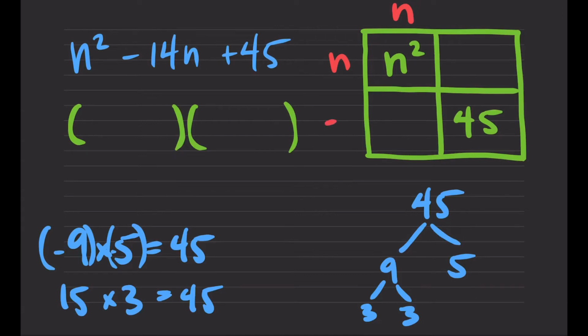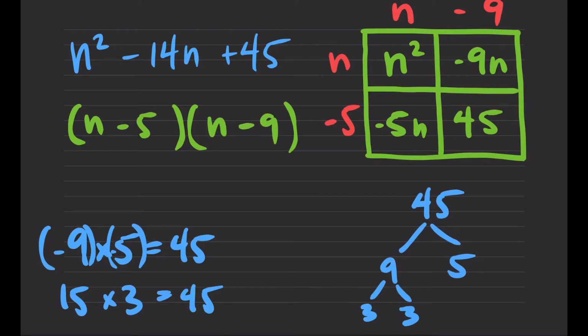So I think that's where we need to go. So I'm going to have a negative 5 and a negative 9. And what I'm left with is negative 9n, and over here, I would have negative 5n, because that's negative 5 times n. So it turns out that what we get is n minus 5 and n minus 9.